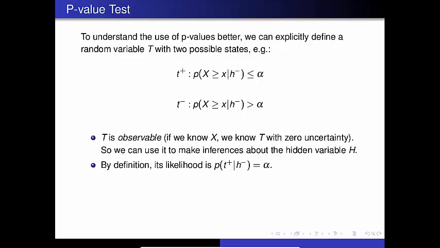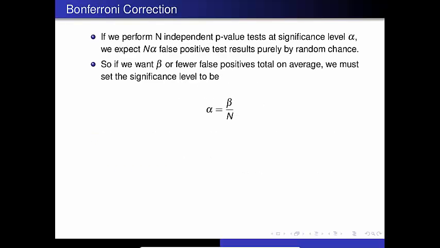So if we do this n times, how many false positives do we expect to get under the H minus model? Well, we just expect to get n times alpha false positives, right? So if we want, out of this whole data set, to get fewer than beta false positives, that tells us what threshold we have to set alpha at in order to design in that number of false positives.